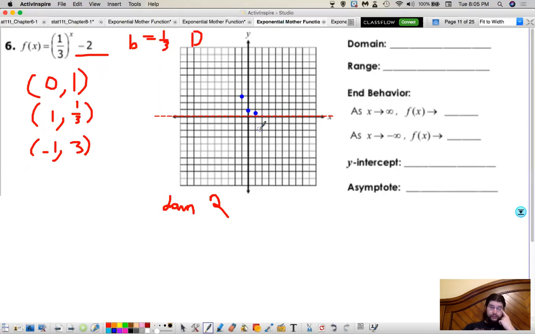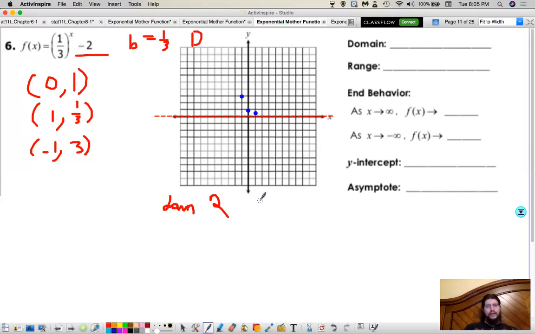So if you remember, looking at this, 1/3, that's the reciprocal of 3. So this should be a reflection of 3 to the x over the y-axis. But we can just point plot it. If you want, you can plug in more points to get a more accurate view of it, but you don't need to. Again, as long as you have the basic shape, we're good.